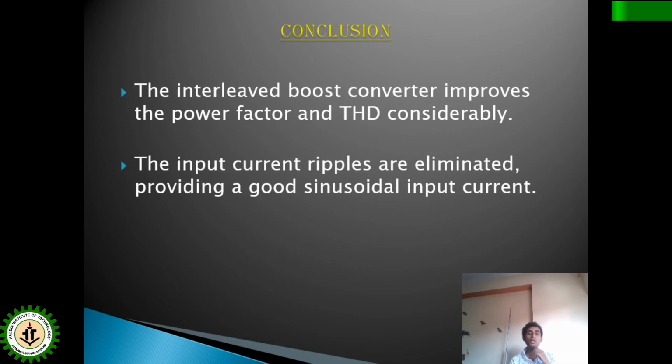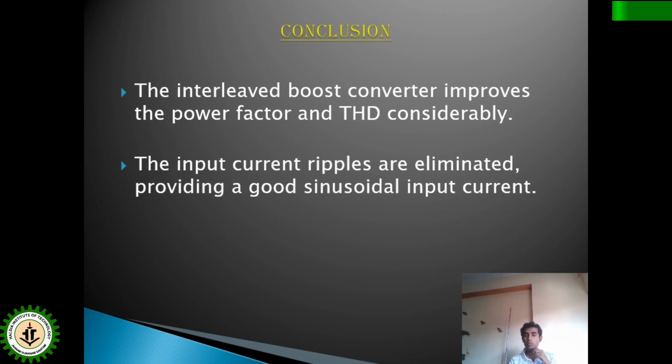Those ripples also can be eliminated by using the interleaved boost converter, where two boost converters are in parallel and the switches are triggered with 180° out of phase pulse widths. So when one current is increasing, the other is decreasing, and their sum is constant. That is why the total harmonic distortion will get improved, and the harmonics will be totally eliminated. So these are the advantages.